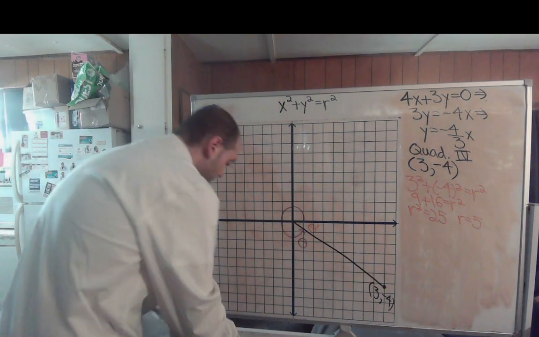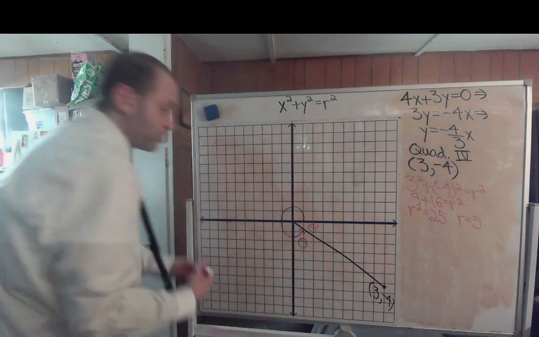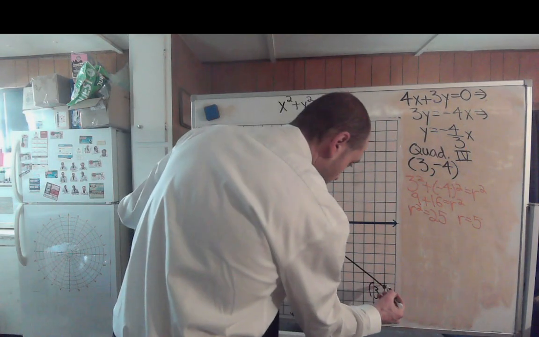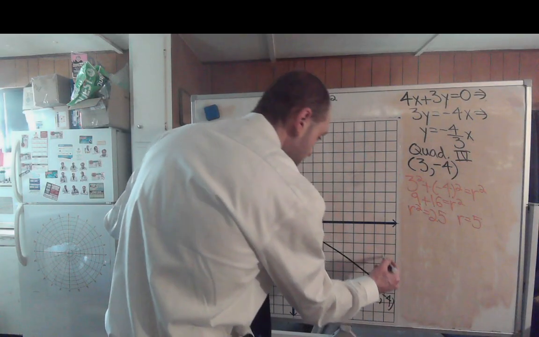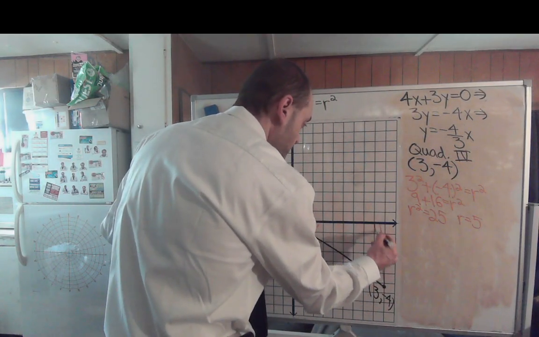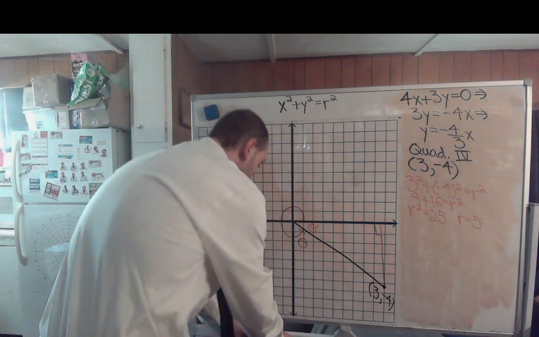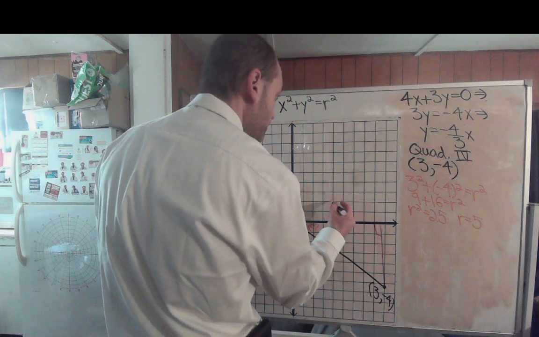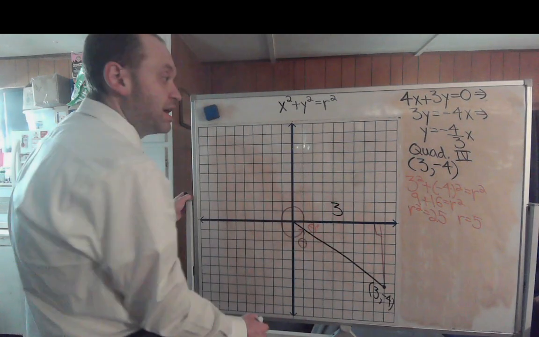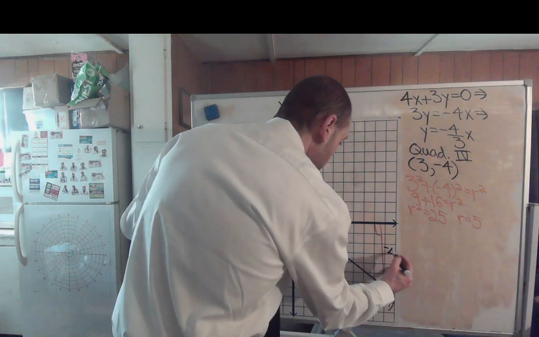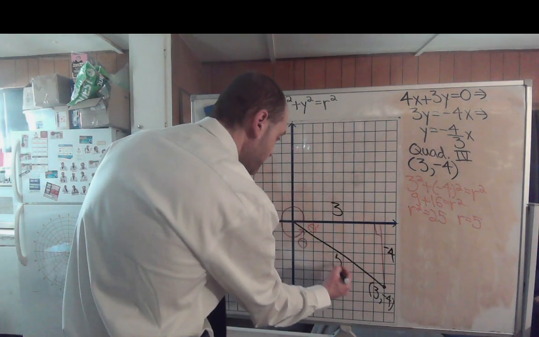So now that we know all that information, let's draw the right triangle from the endpoint of the angle to the x-axis. Alright, so that point 3, -4 tells me that my x value is 3, my y value is -4, and then we got a radius of 5.